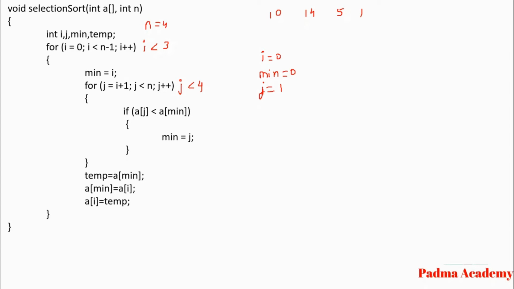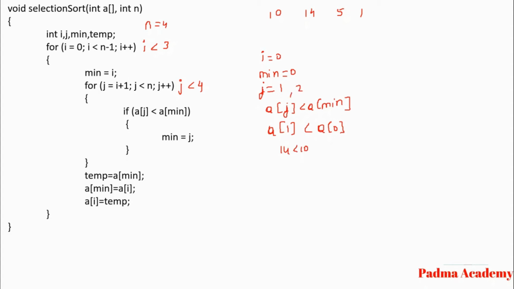Then we are checking if a of j is less than a of min, then we give the j value to min. So we will check this condition, that is a of j, that is a of 1, is less than a of min, that is a of 0, that is 14 less than 10, which is false.